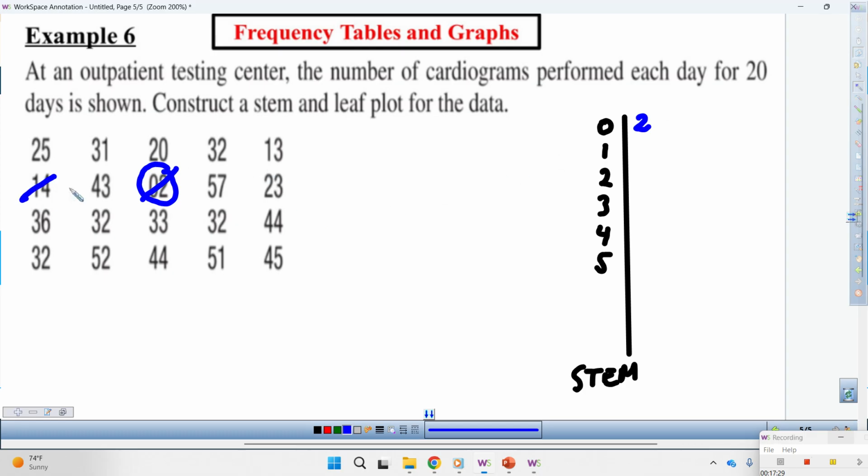We got 14. What else? 13. What else? That's it. So 13 and 14. So we got 3, 4. Next, in the 20s, what do we have? 20. So that's 2, 0. What else? 25 and 23. Any other? No, that's it. So I'm going to go 23 and 25.